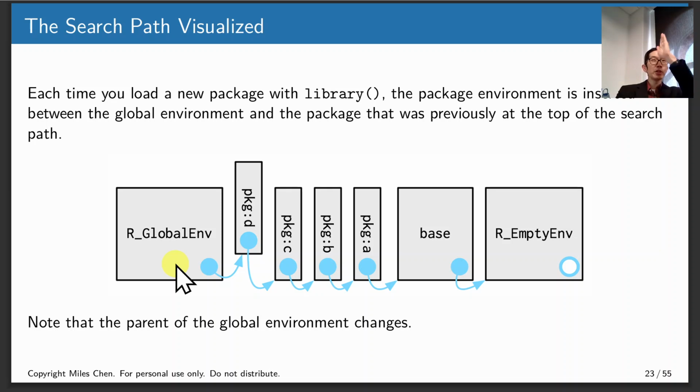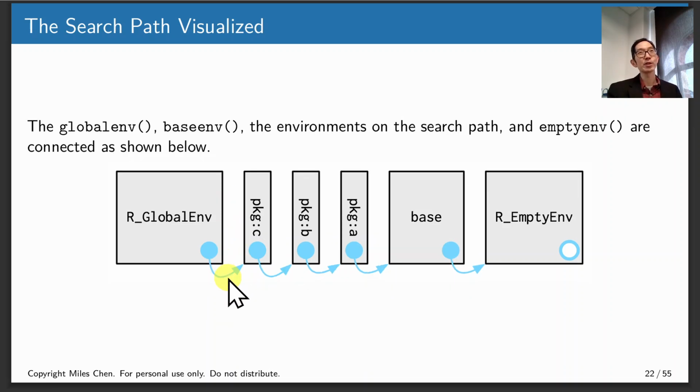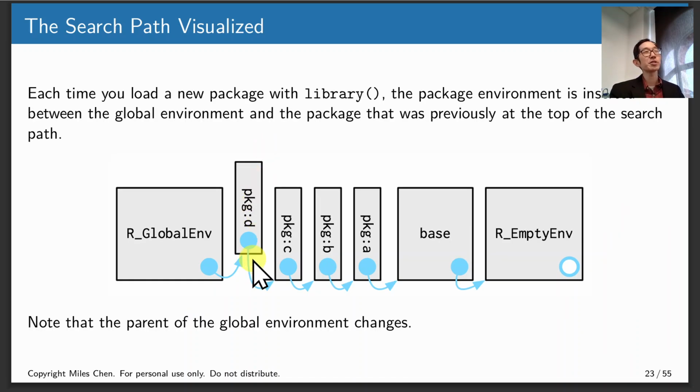Now, every time you load a new package with library, so if you say library ggplot2, it's going to load that package in between the global environment and the latest package, and that shows up now in the search path. So now you can ask for ggplot, and it's going to find that function. Whereas before you loaded it, if you asked for ggplot, it would say it can't find ggplot, I don't know what ggplot is. So you load up the library, now it's in the search path, and now you can find ggplot.